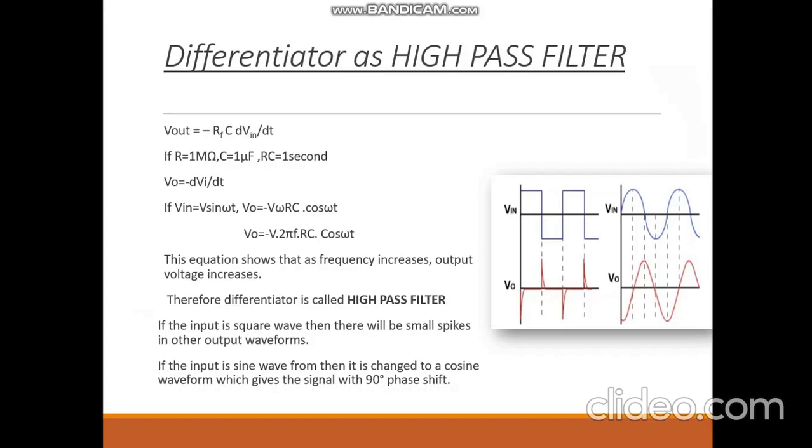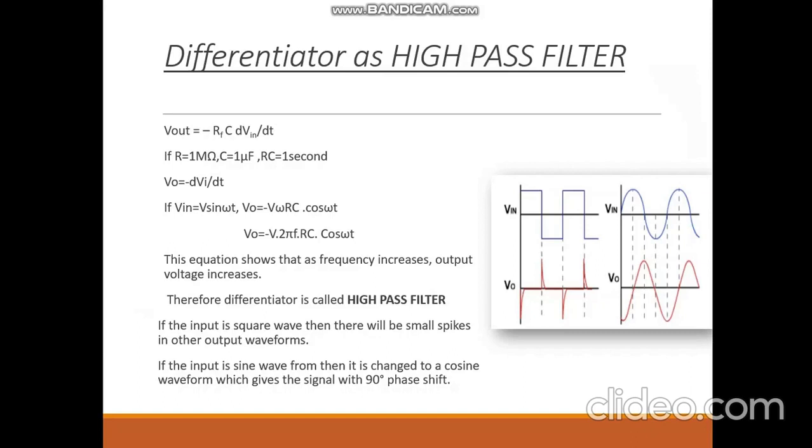Now this equation shows that when the frequency f of the signal increases, the output voltage also increases. That is, output voltage is directly proportional to frequency. Therefore the differentiator is called a high pass filter.